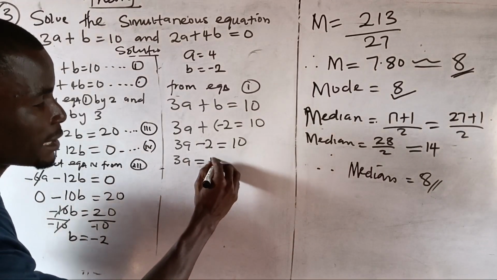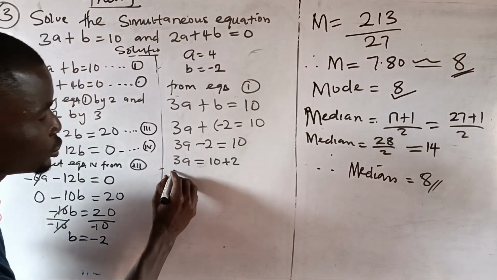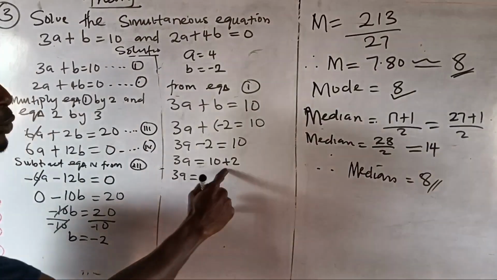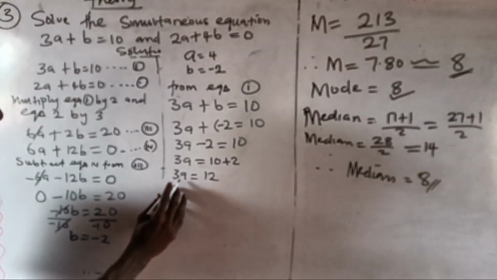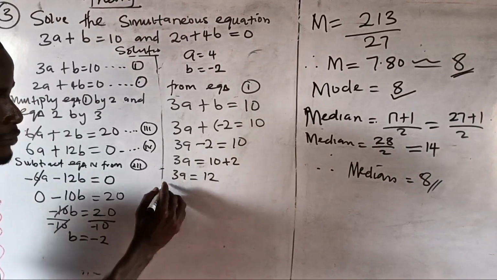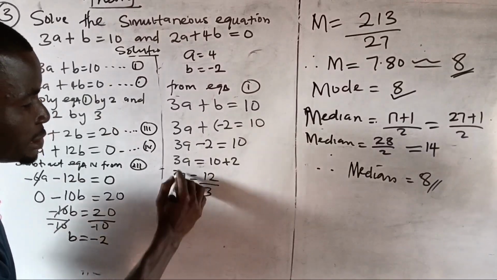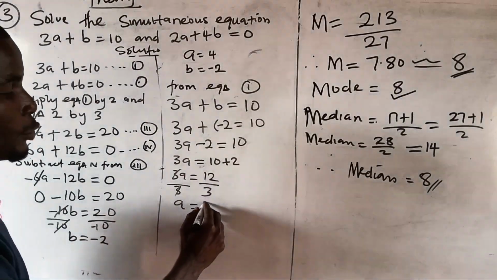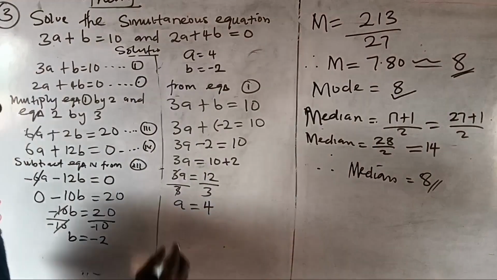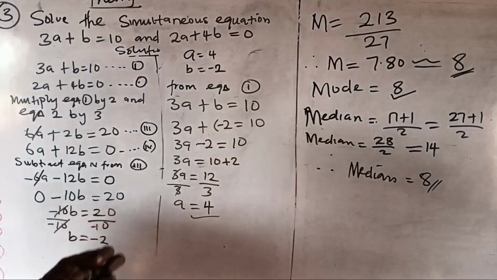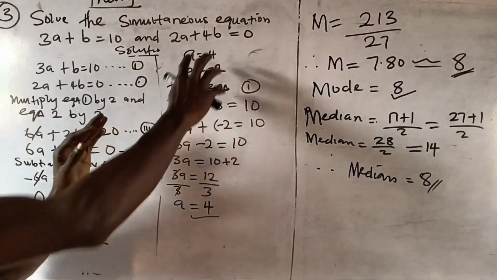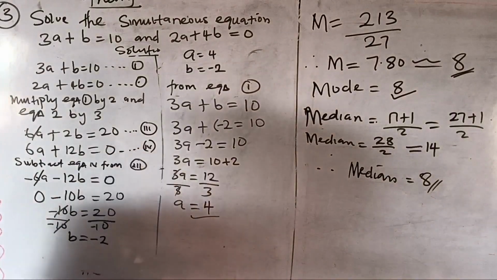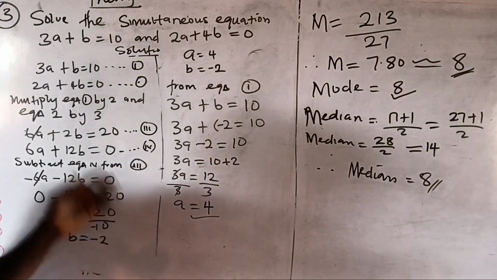So I have 10 plus 2. So 3a is equal to 12. Now for this a to stay alone, we are dividing all through by 3. 3 cancels 3. A is equal to 12 divided by 3, which will give me 4. That is very, very correct. So if you check the substitution and the elimination, what we got is the same. Now let's check question 4.